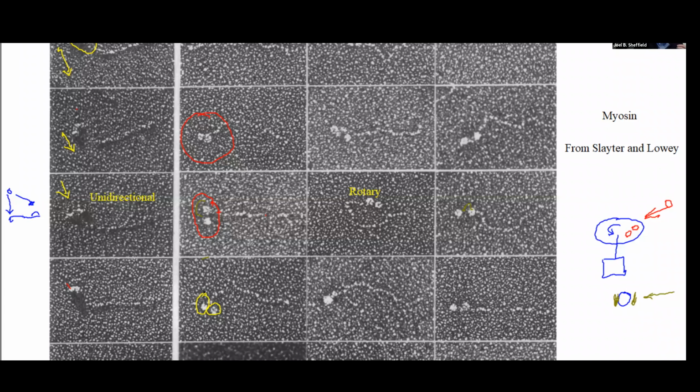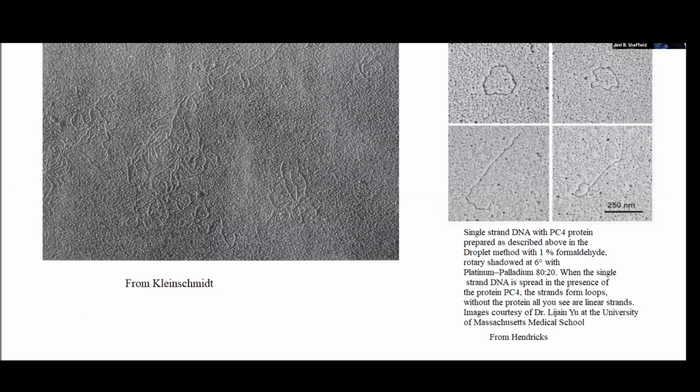So this idea of rotary shadowing became a really important contribution. Well, this was actually started by a man named Kleinschmidt. And Kleinschmidt published this using DNA as a sample.